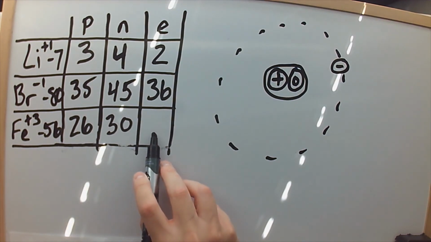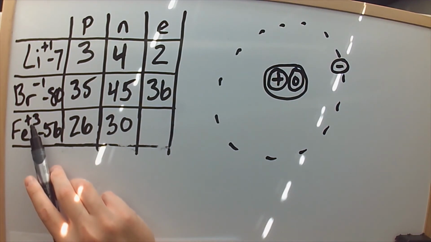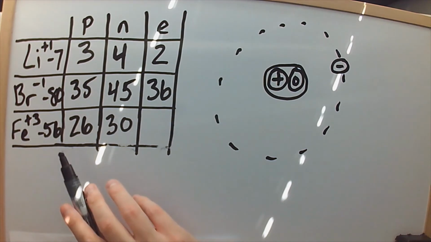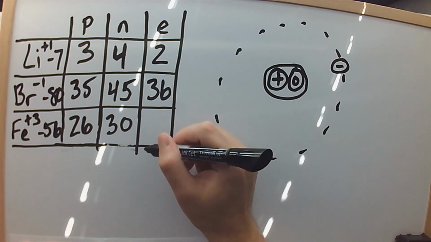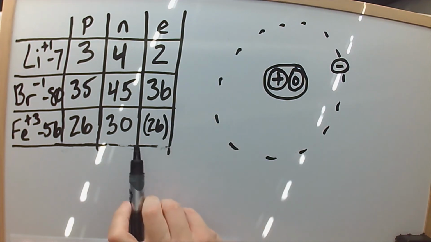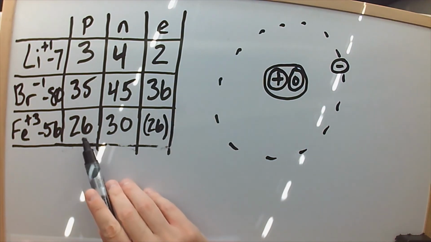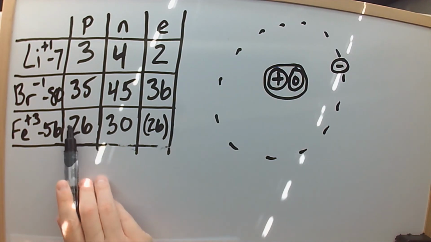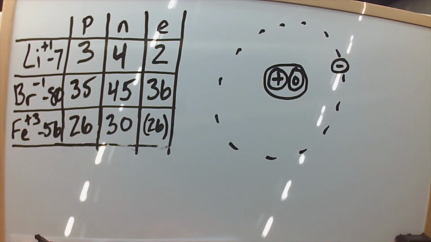And now for the electrons, again, positive 3 means it has 3 more protons. Right? If this was neutral, I'm going to erase this in a second, so don't write it down. I'm just going to write 26 here, in parentheses. If it was neutral, it would have 26 protons and 26 electrons, but it's not. It needs 3 more protons than electrons.